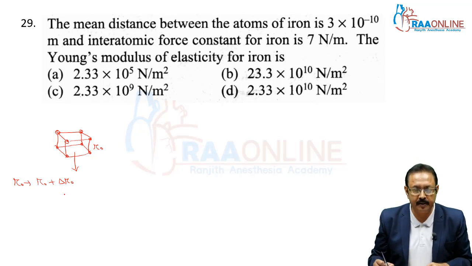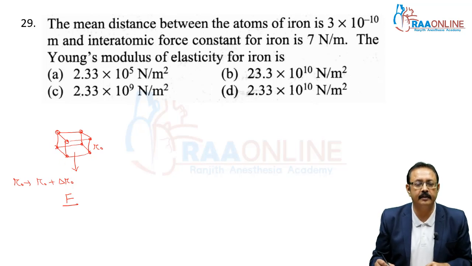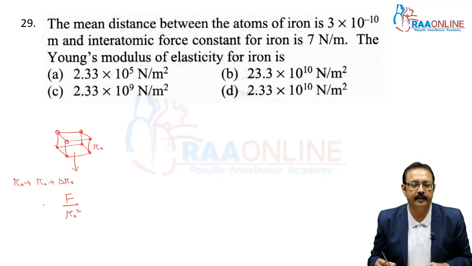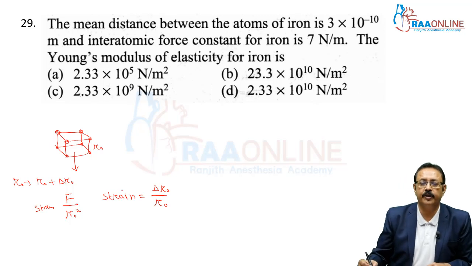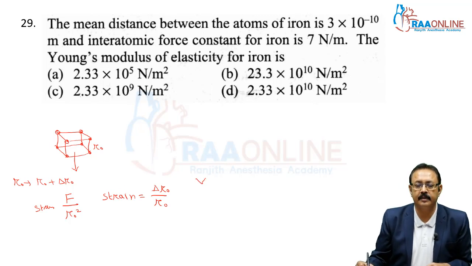What is the stress? Stress is force per unit area. Area means this square's area, so it should be R0 square. What is the strain? Strain means change in length upon original length. So what should be the value of Young modulus?